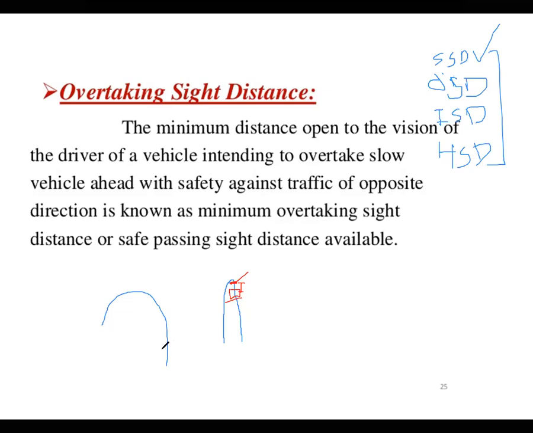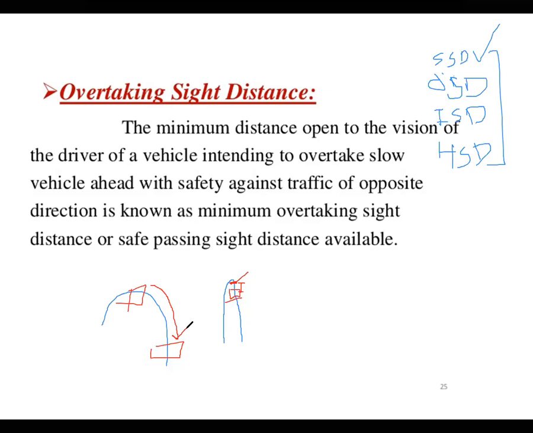So consider this curve. Here is the object and here is the vehicle. So this whole portion, what is the sight distance? It should be minimum such that if the driver suddenly applies the brake, it should not collide with the obstruction. This is the stopping sight distance.